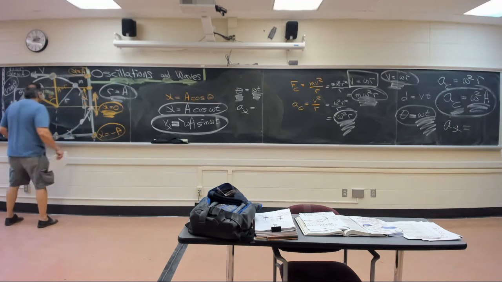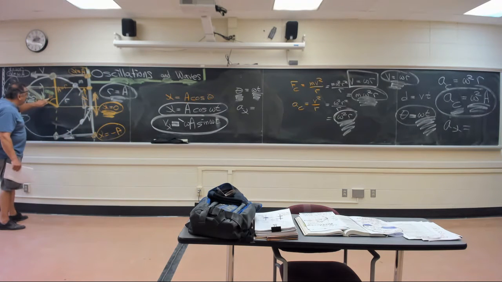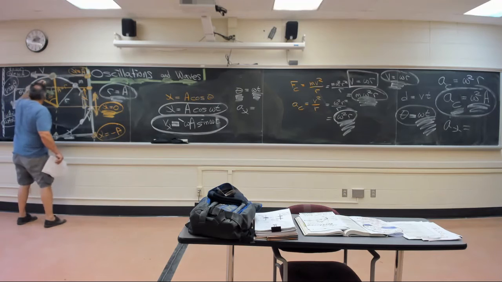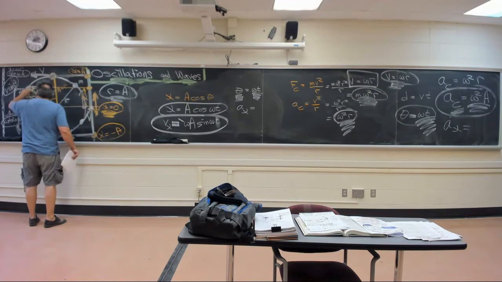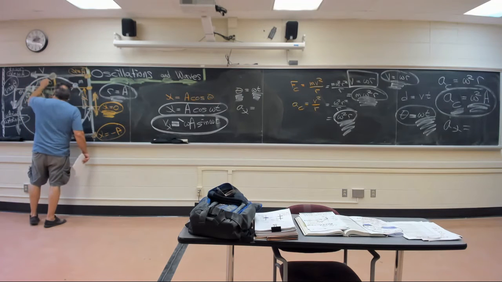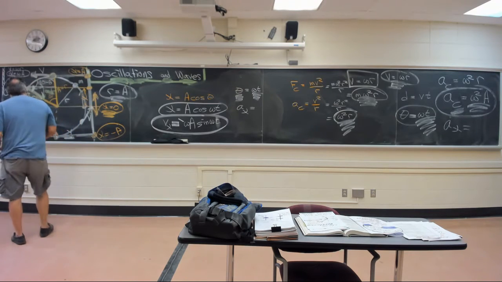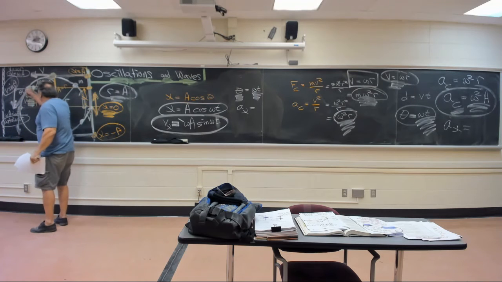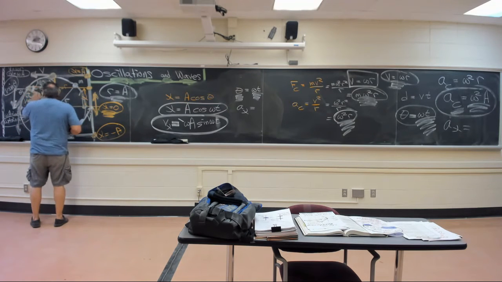Play trigonometry. If this is theta, and this is 90, this is 90 minus theta. If this is 90 minus theta, and this is 90, this is theta.